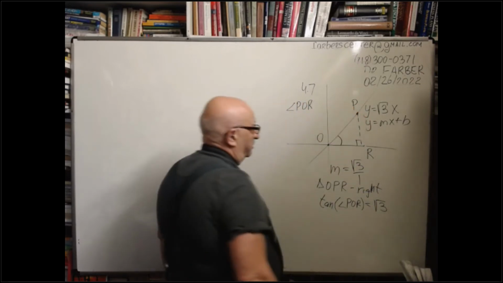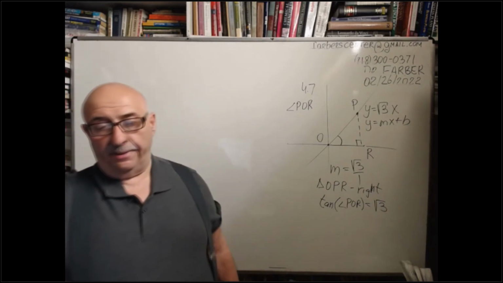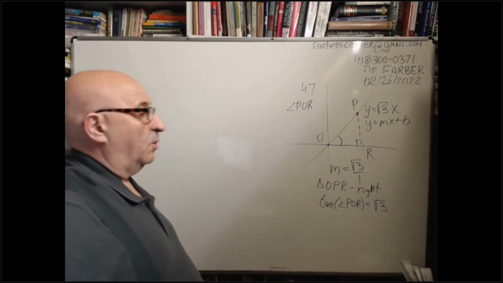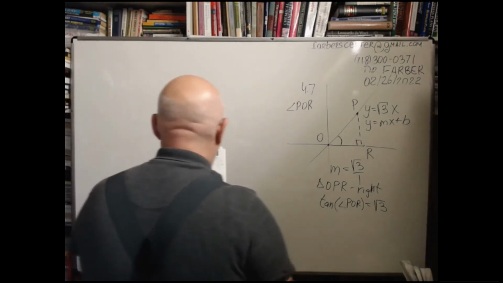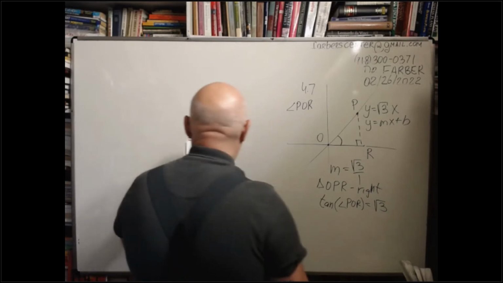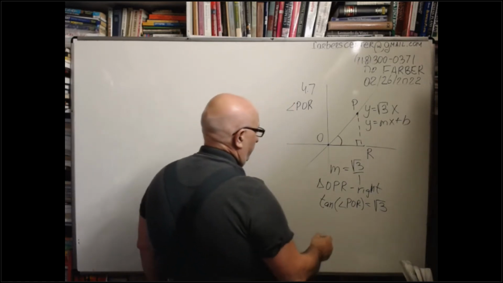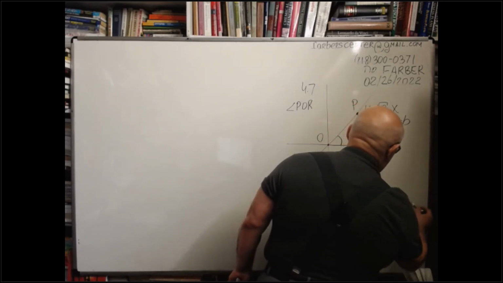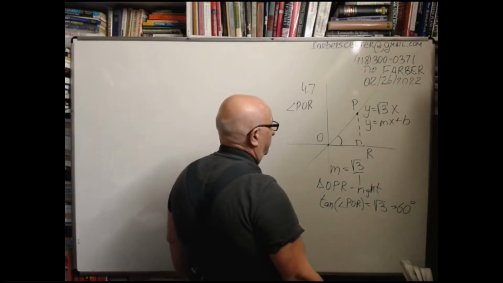Now you have two options. If you remember the table that I explained using fingers, you can write the answer straight away, or you can use a scientific calculator. You know this angle equals 60 degrees, because tangent of 60 equals square root of 3.